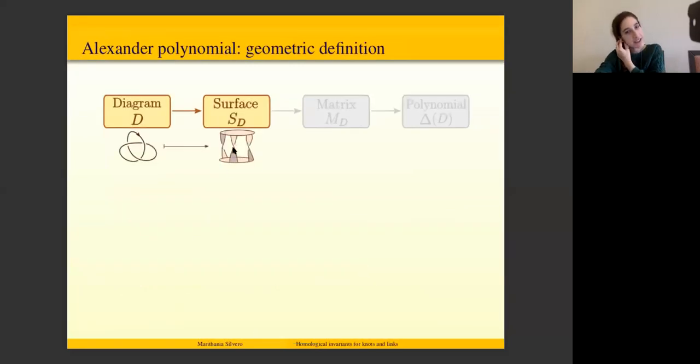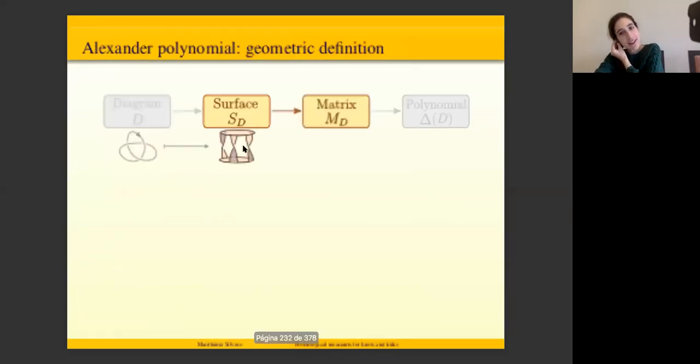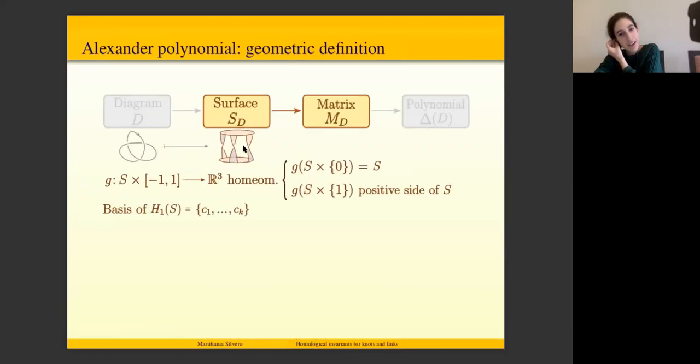So we have the surface, and I think we were at this point, right? We had a basis of the first homology group of the surface. These are k closed curves in the surface.